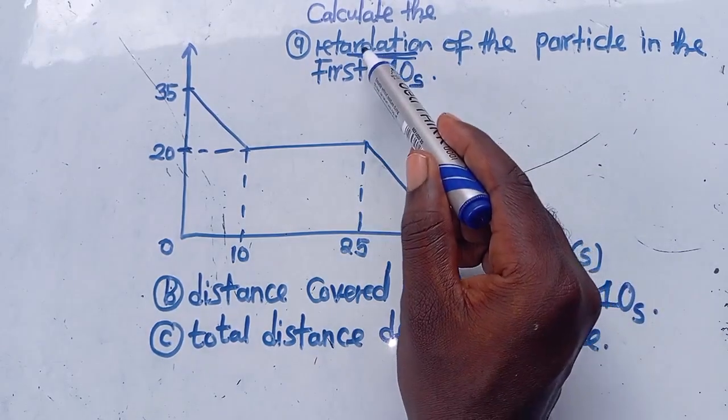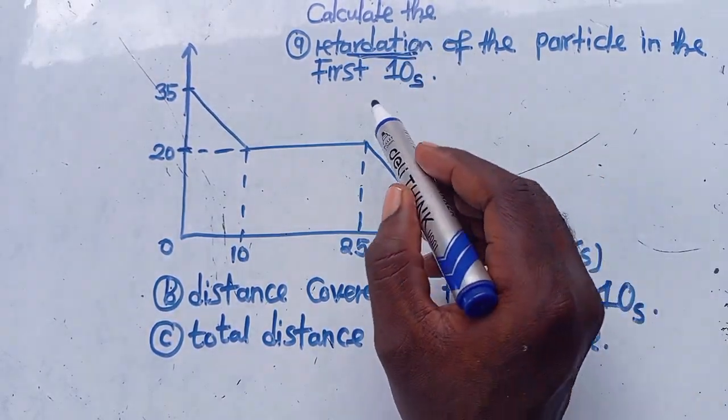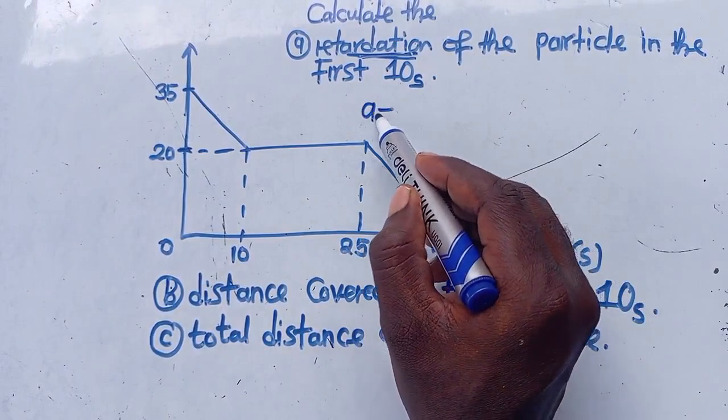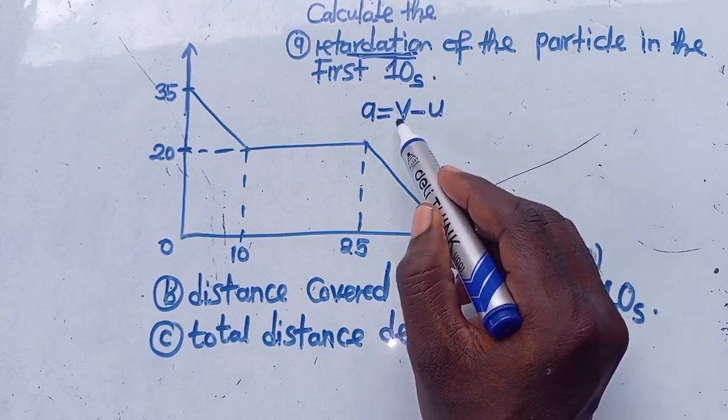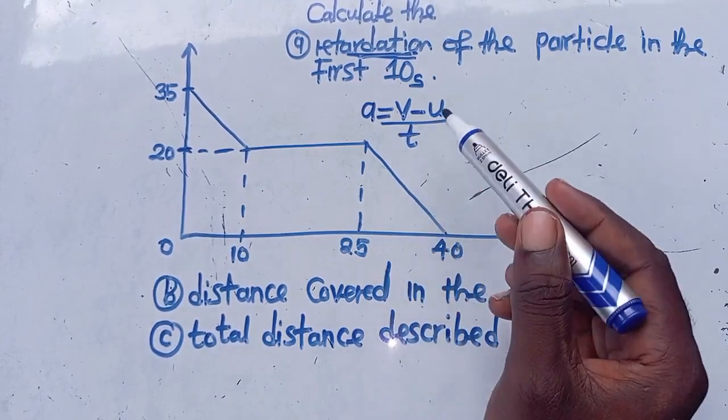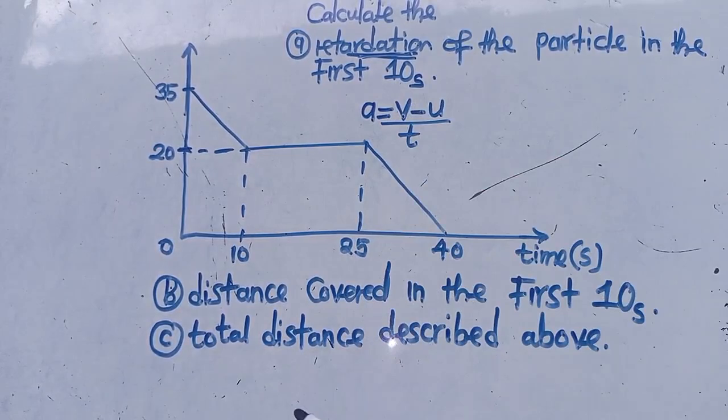But since they have said retardation, we are going to use the formula for acceleration: final velocity minus initial over time. Using this formula, we are going to get a negative answer. But at the end, we are going to conclude and say, therefore, retardation is where we remove the negative and we get the positive part of the answer.